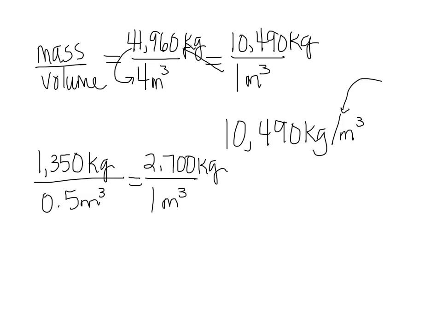Whenever I say unit rate, the second term has to be 1. So then you can just convert to an equivalent ratio. Because is this ratio equivalent to this ratio? Yes, it is. I just converted it to a unit rate, and I know that unit rates have to have a second term of 1.